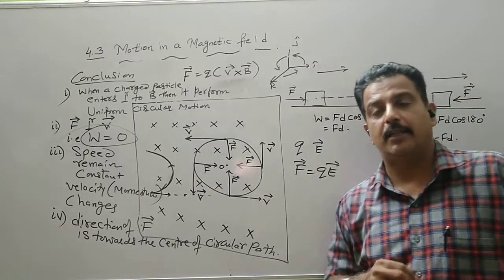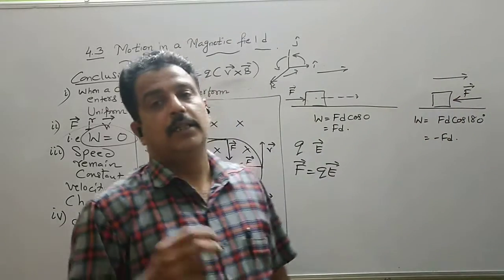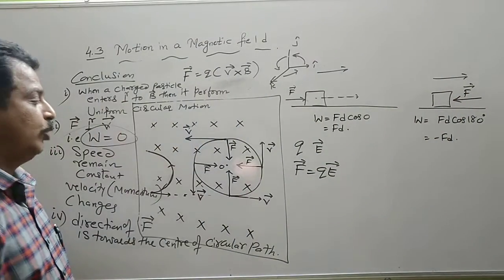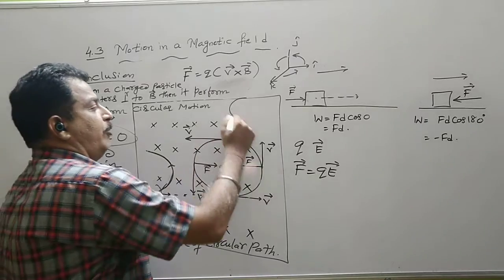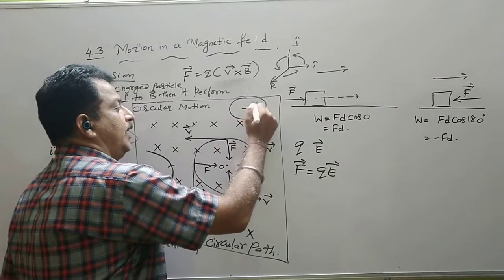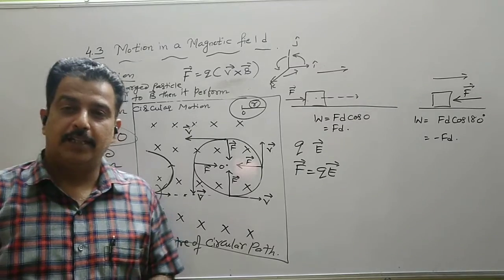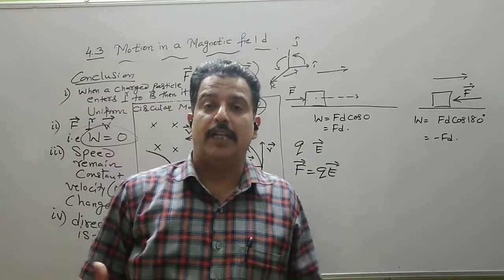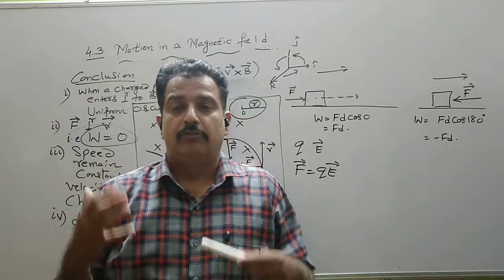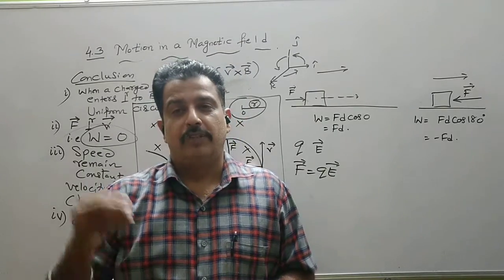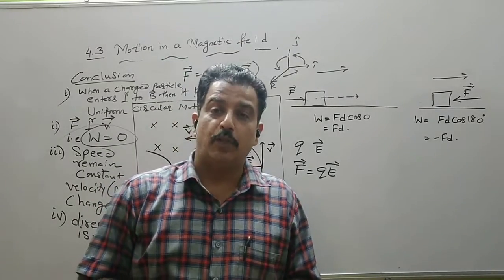So when it performs circular motion, we can derive the formula for the radius of the circular path, as well as find the angular speed, the frequency, and the periodic time.